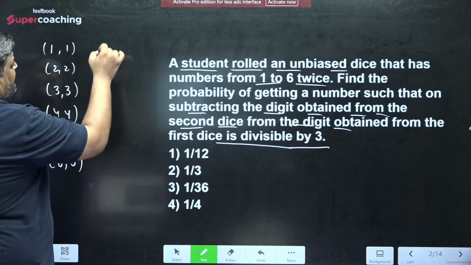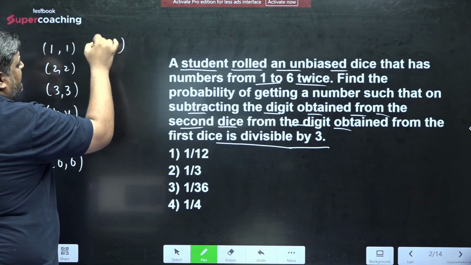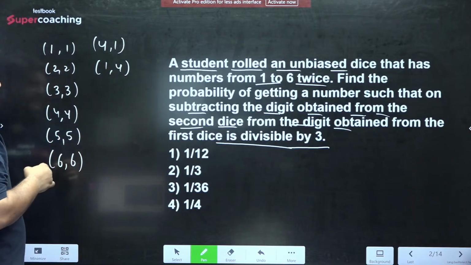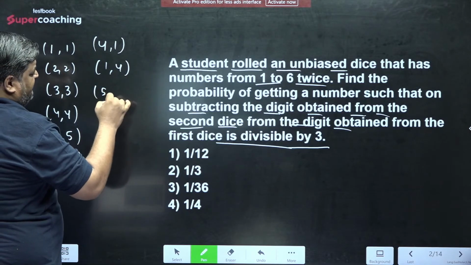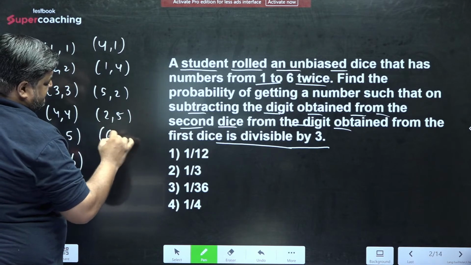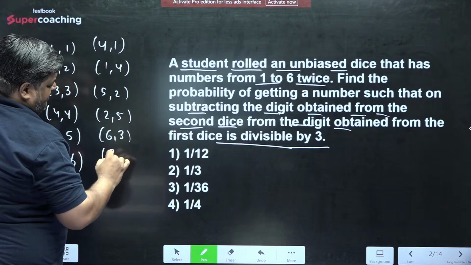And then it could be 4-1 or 1-4, right? Both of these cases will be counted. It could be 5-2 or 2-5. It could be 6-3 or 3-6.